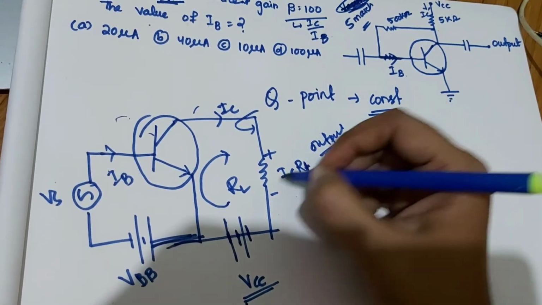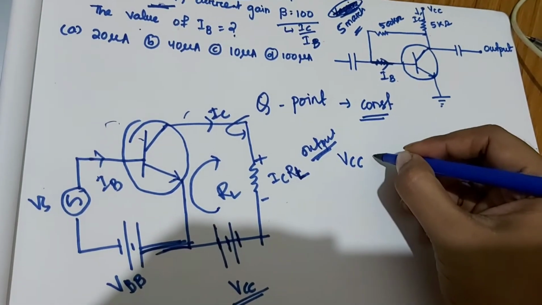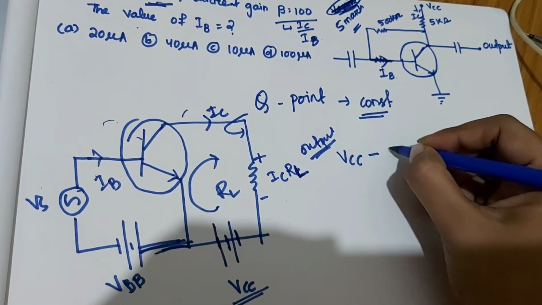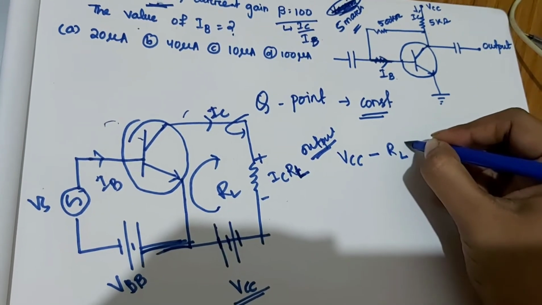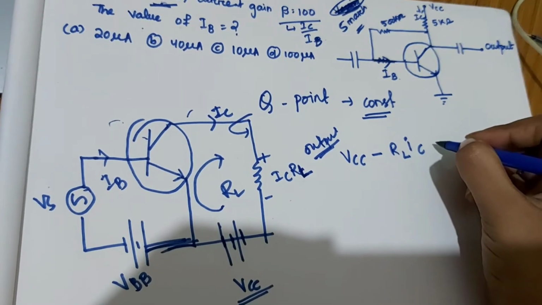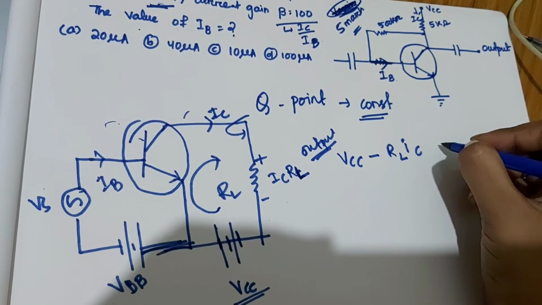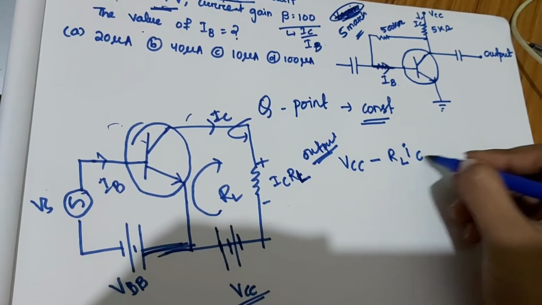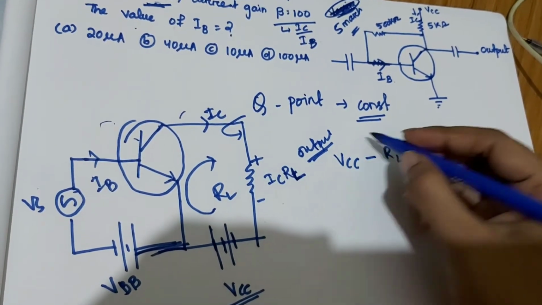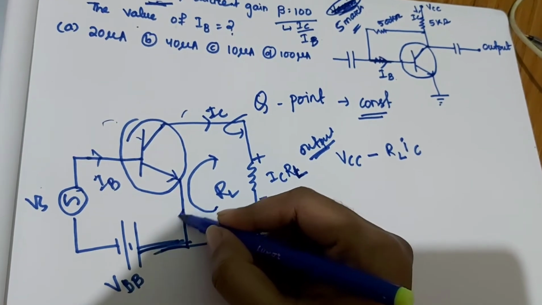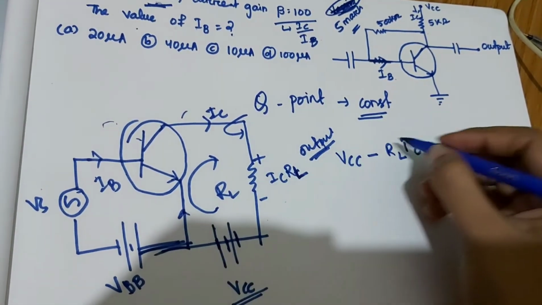VCC minus RL IC minus VCE. Here I have VCE, the collector emitter voltage.